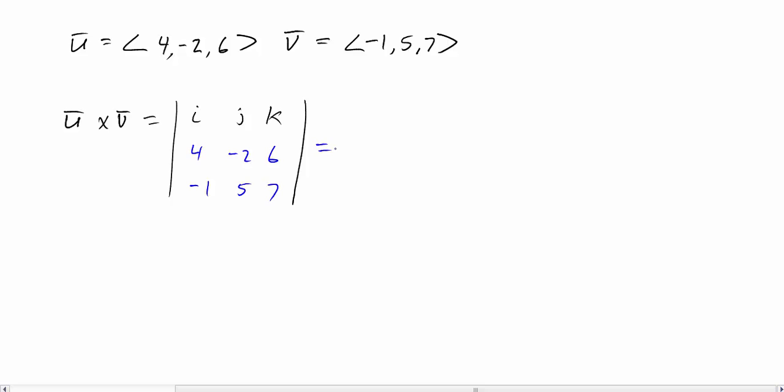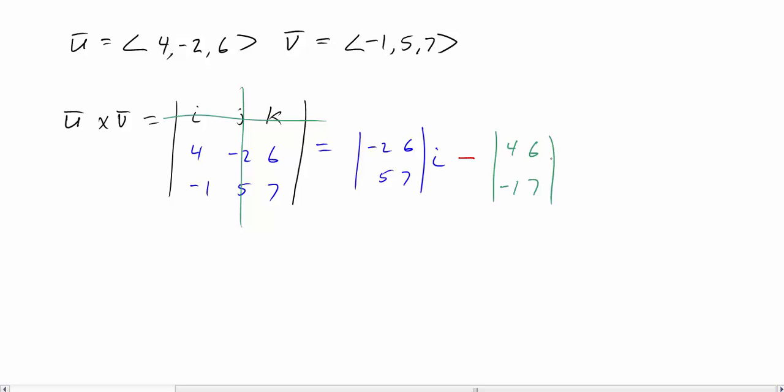So once again, if we go to break this down, if we start with i, we'll cross out the row and the column that contains i, and we're left with the 2 by 2 of -2, 6, 5, 7, and that's multiplied by i. And then we know the sign for this one's going to be minus, and then we're going to break this into a 2 by 2, so we cross out j's column and row, so we're left with 4, 6, and -1, 7.